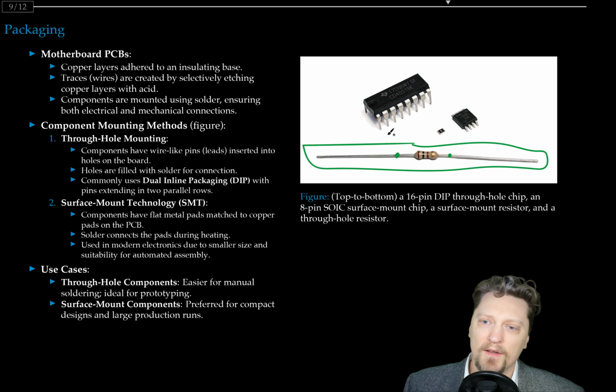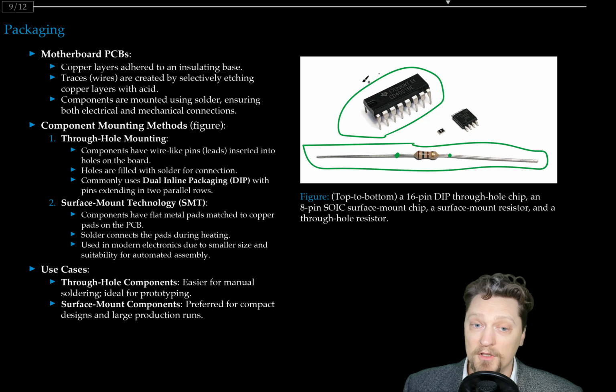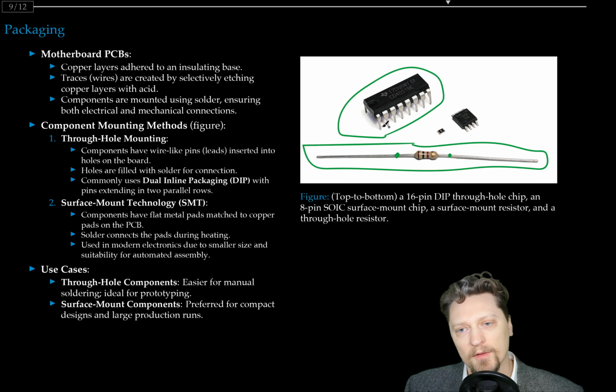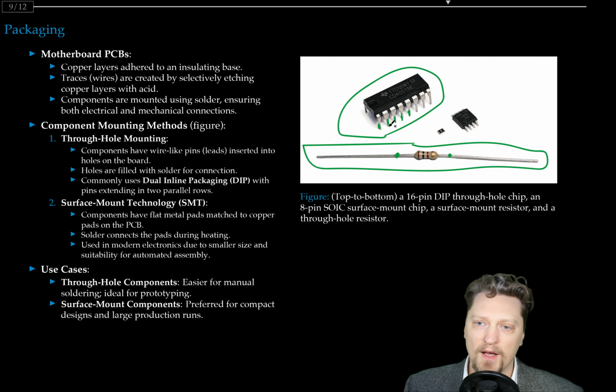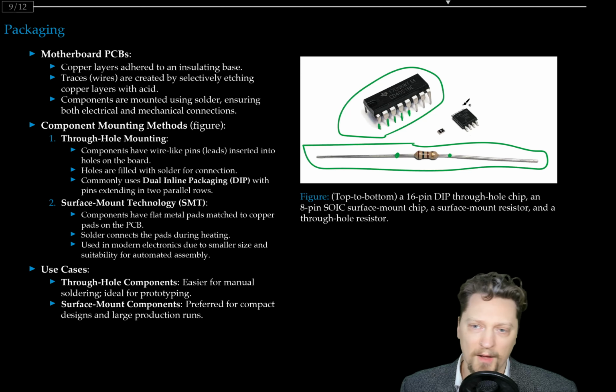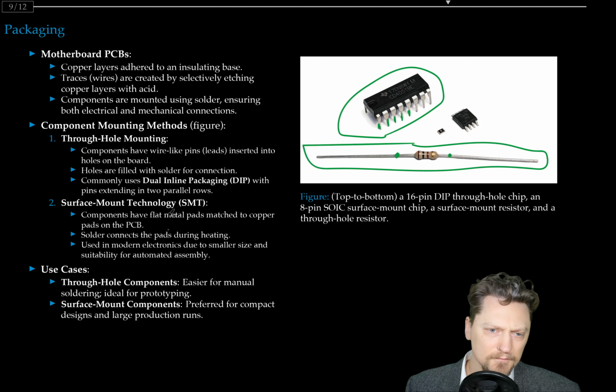There is another through-hole mounted component here, which is actually a chip that's in a dual inline packaging, DIP, configuration. So these pins here will poke through the board and will get soldered as well. That's another type of packaging that's common, and a mounting method that's common.